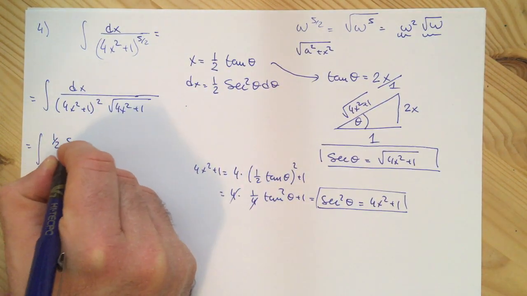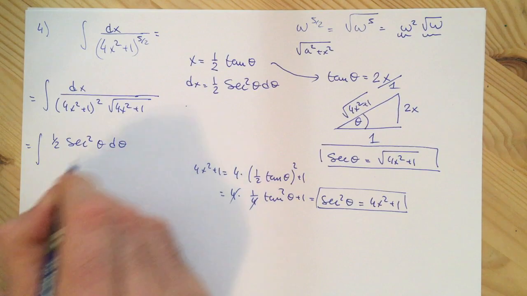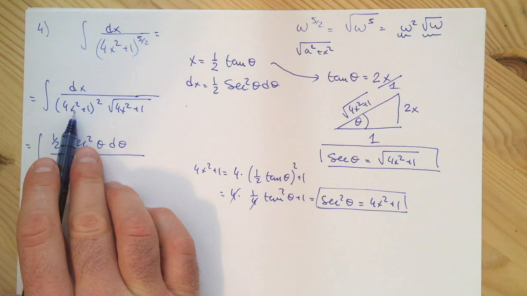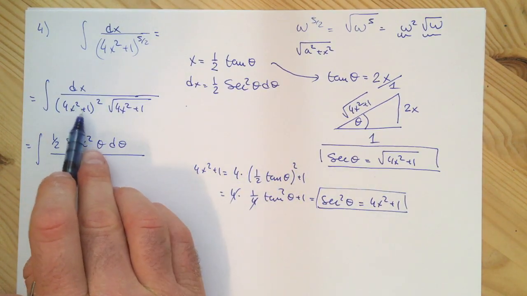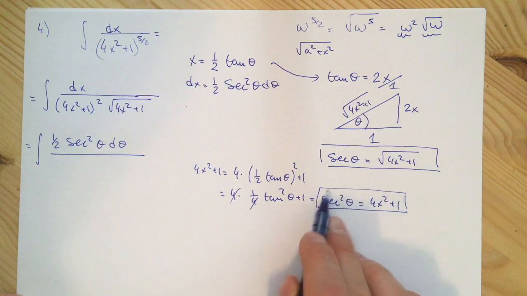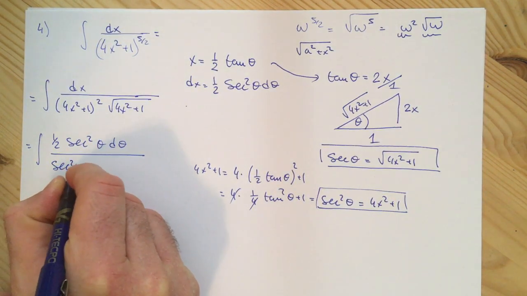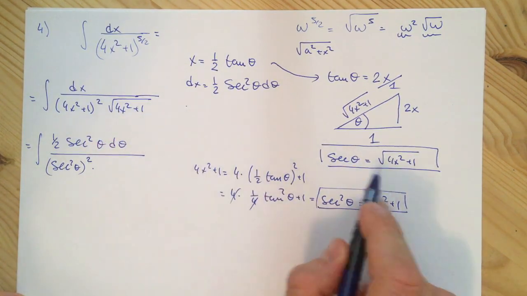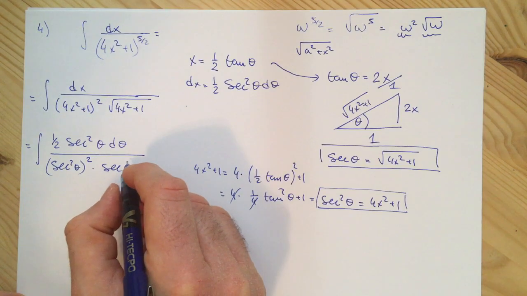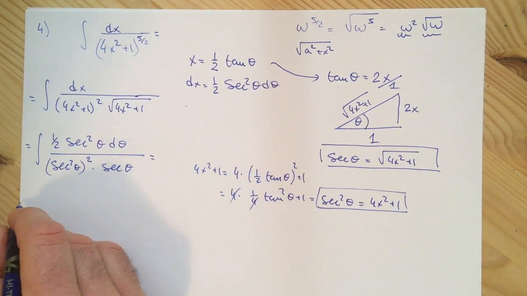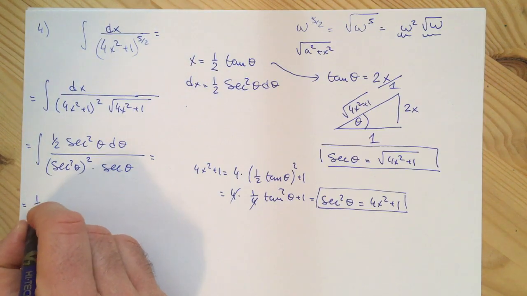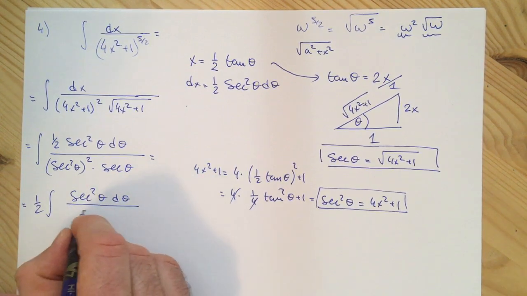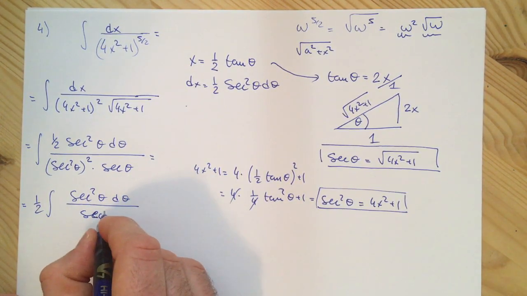That's 1/2 secant squared theta d theta over, 4x squared plus 1 is secant squared, and then the whole thing squared, times the square root of 4x squared plus 1 is just secant theta. So this is equal to 1/2 integral of secant squared theta d theta over secant to the power of 5 theta.